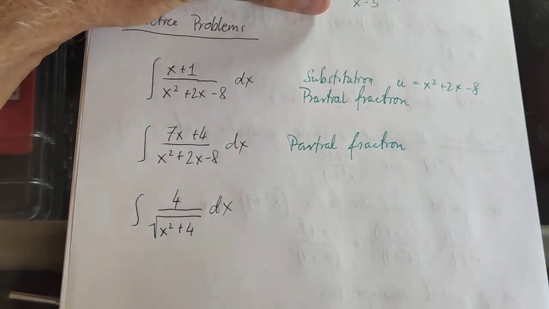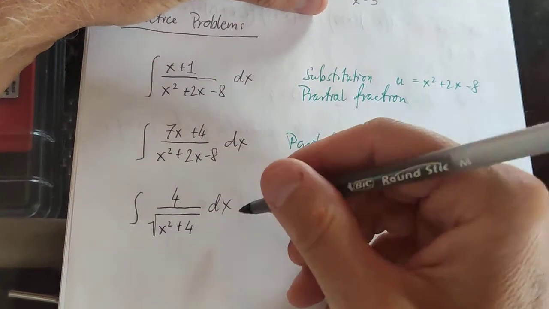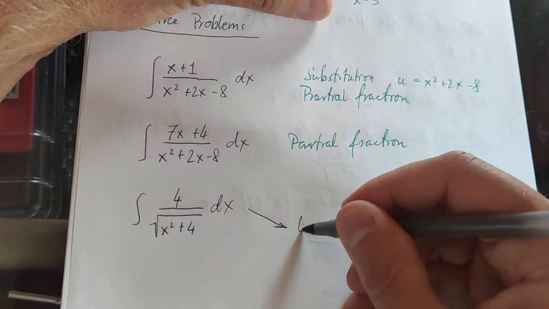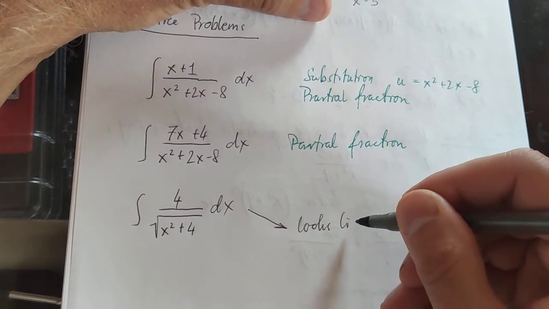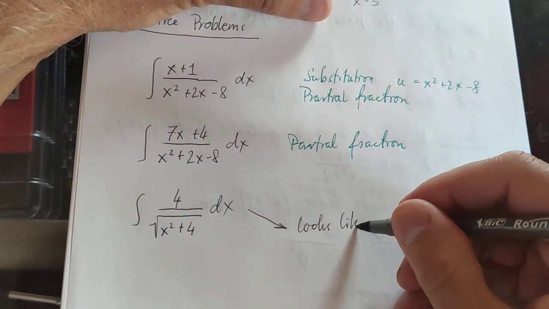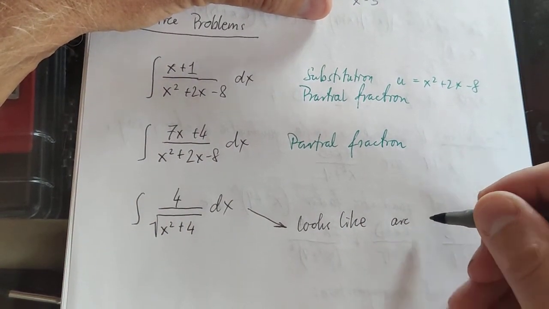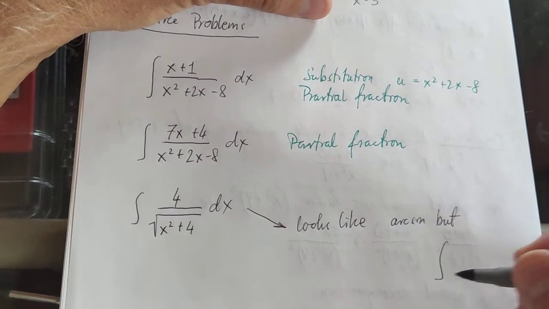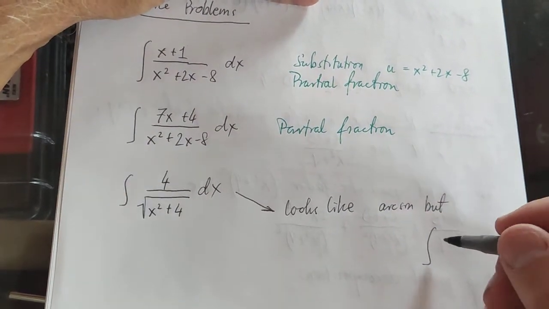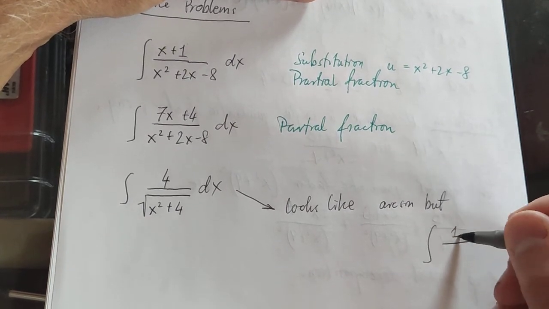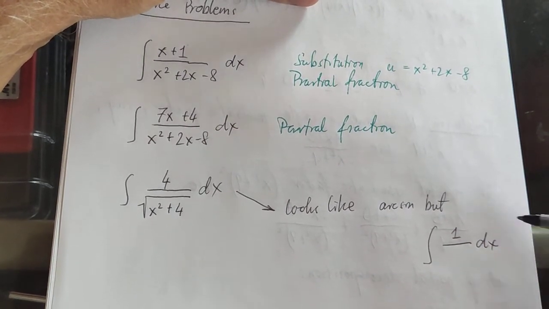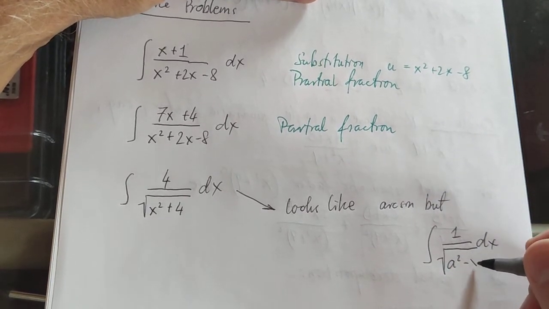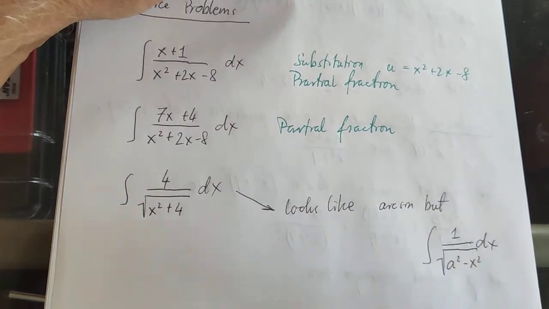And the last one was a trick question, because it looks kind of like sine, or inverse of sine, arcsine, but arcsine is actually slightly different. So you have 1 or some constant here, dx, and here you have a constant squared minus x squared. But be careful.